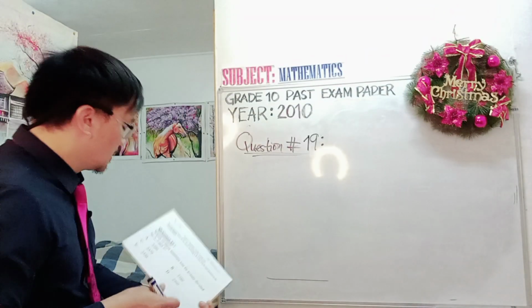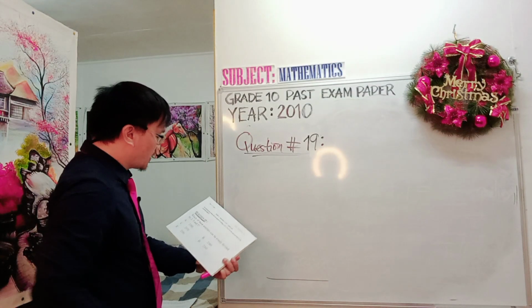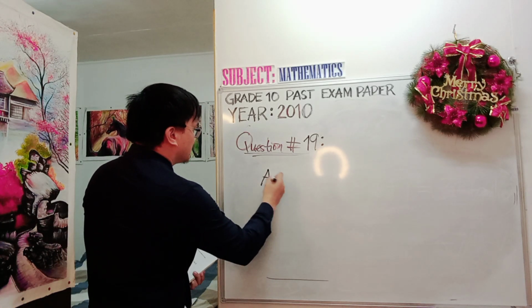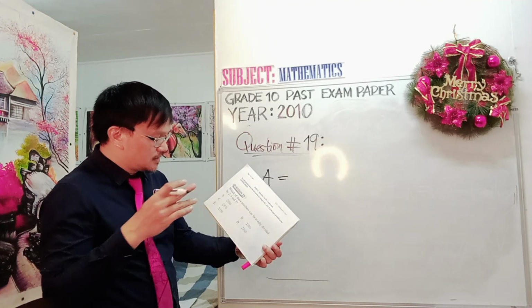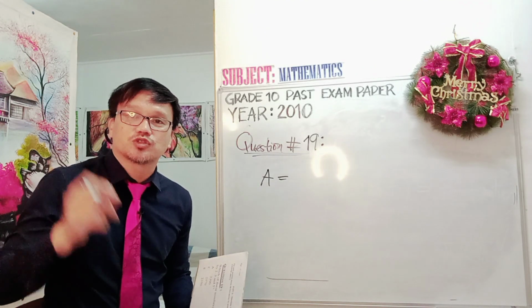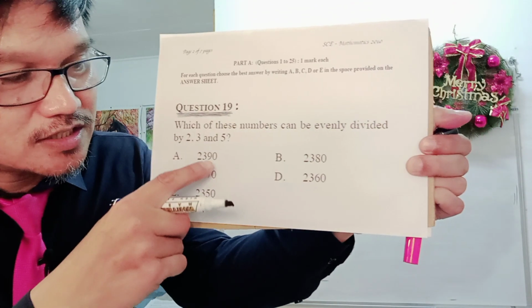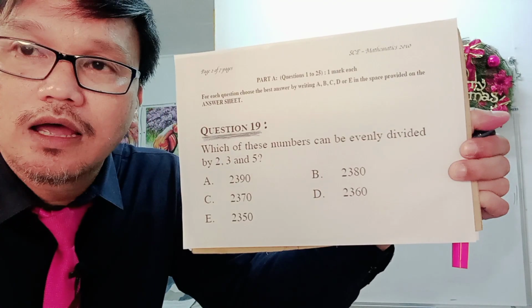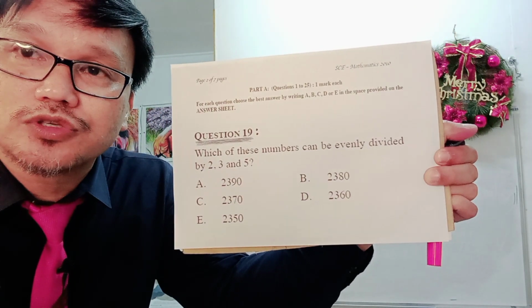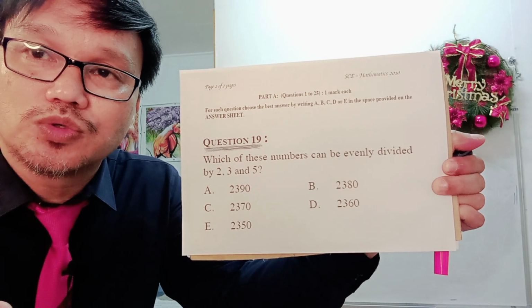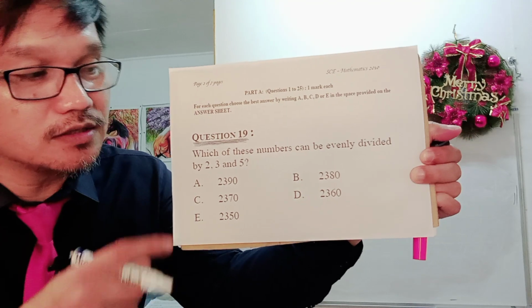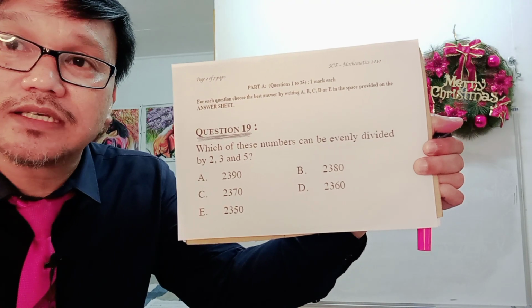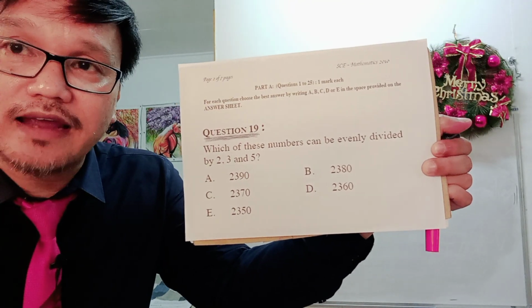Okay, let me try it here. Like what I've said, all these numbers A, B, C, D, E are divisible by 2 and 5 because the last digits 0, 0, 0, 0, 0 follow the rules for divisibility by 2 and 5. The only difference now is which one is divisible by 3, so that it gives us the answer that is divisible by 2, 3, and 5.